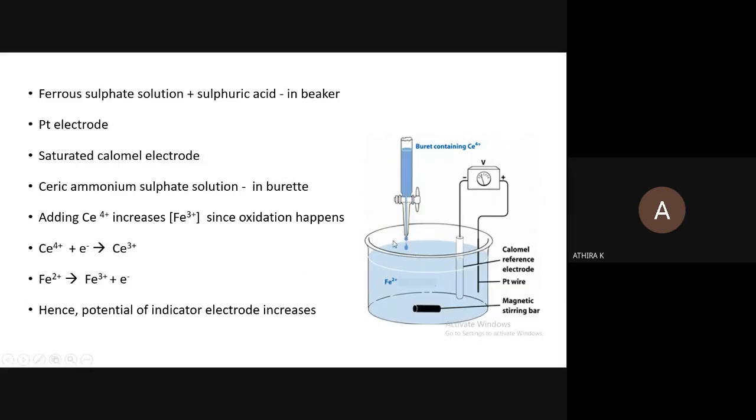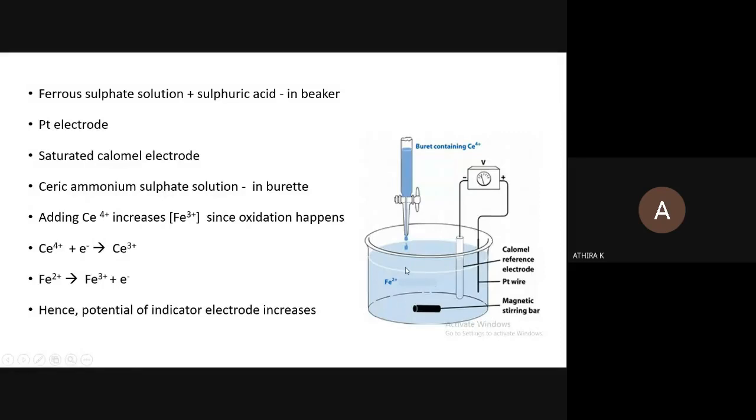During our titration, we are adding cerium 4 plus to the Fe2 plus ions. And we know in a redox titration, there will be a redox reaction between analyte and the titrant. Here, cerium 4 plus gets reduced to Ce3 plus.